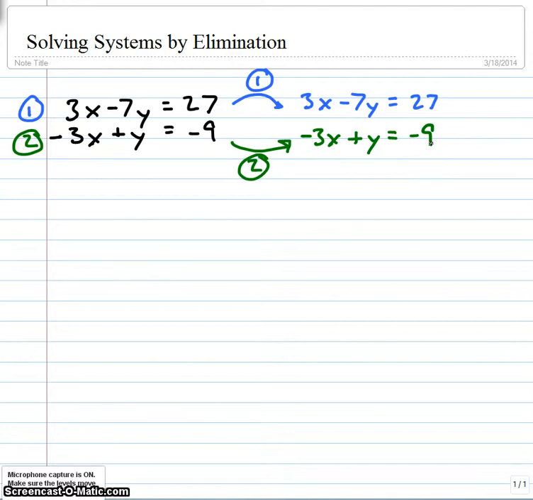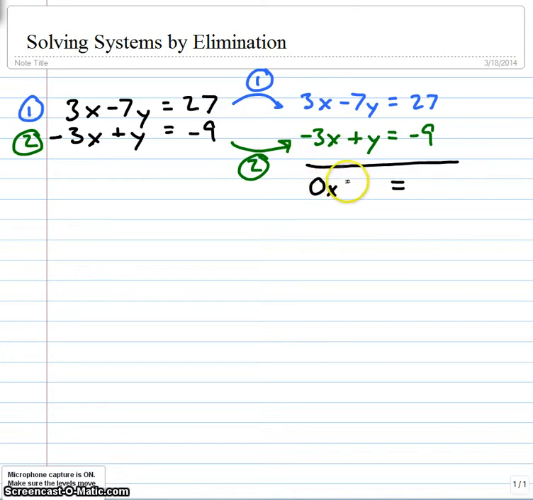Now if you recall, I can add the left sides together and get a result, and I can add the right sides together to get a result. This is really going to work best if I have the x's and y's on one side and all of the constants on the other side. And I'm lining these guys up. What I notice is that if I have 3x and I have a negative 3x, those guys are going to drop out and I get 0x.